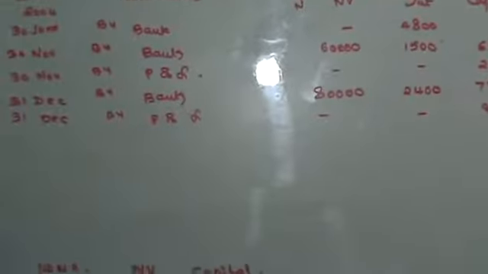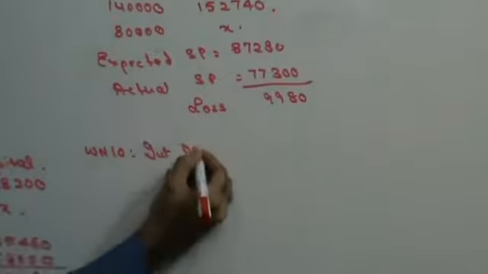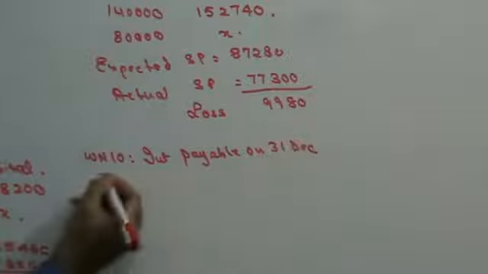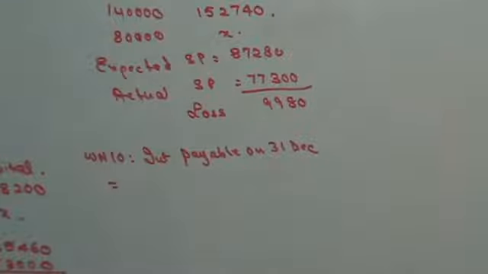Working note 10: interest payable on 31st December. As on 31st December, what is the value of investments that I'm holding? I had 2 lakhs, out of which I sold 60,000 and I've also sold 80,000. What is the net value of investments I'm holding? 2 lakh minus 1,40,000, that is 60,000.